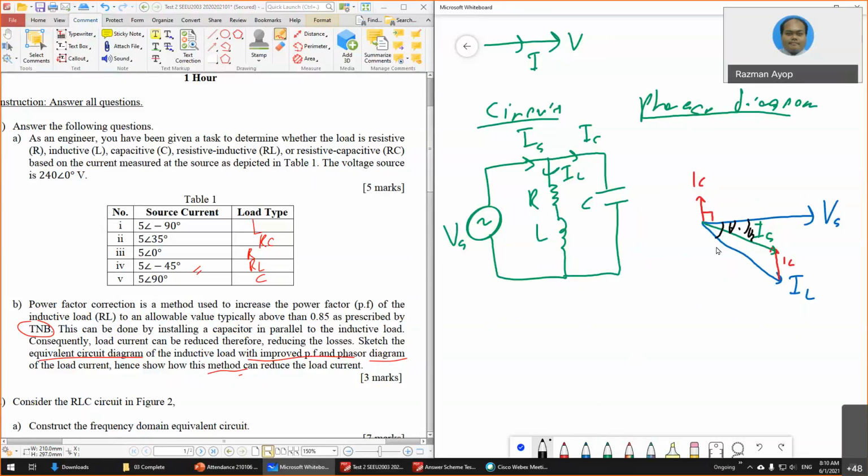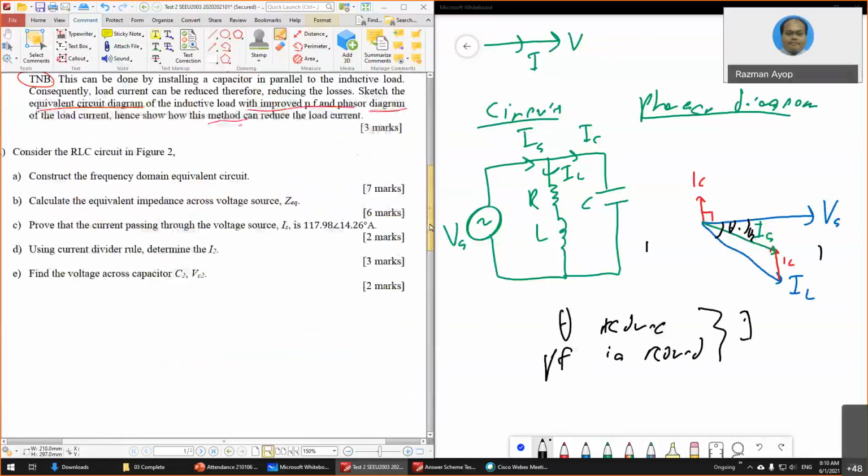When you put a capacitor, automatically theta is reduced. As a result, the power factor is improved. So this one you get 1 more mark. So 1, 1, 1. You get 3 marks.